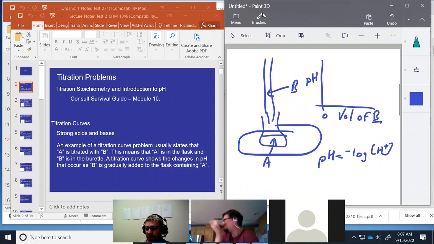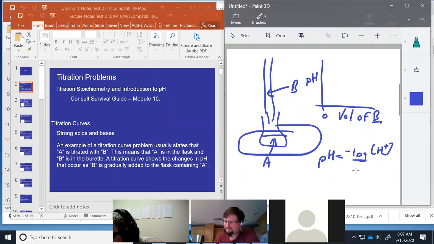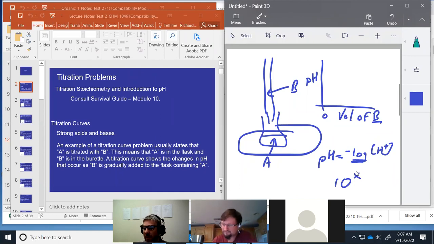So you got A in the flask. You got B in the burette. We've got the volume of B on the x-axis and pH on the y-axis. And the point I'm trying to make here is that it's a logarithmic scale, and logs have to do with 10 to the power of something. When we're talking about log to base 10, it is 10 to the x.